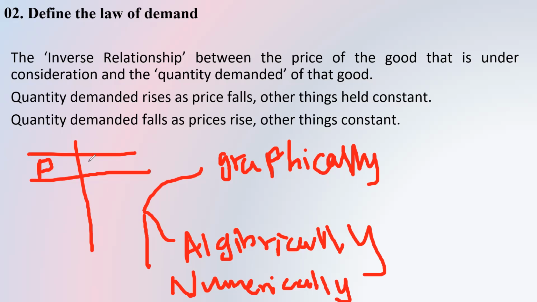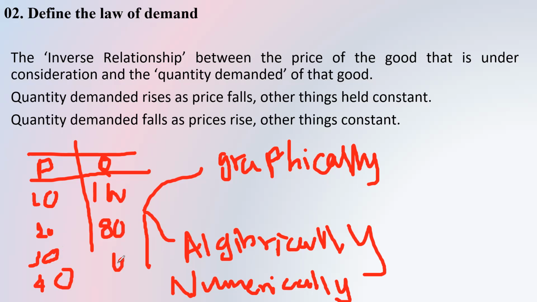By using a table, we can identify price and the quantity. So when price increases, what will happen? At price 10 we are demanding 100. At 20, what will happen? It reduces to 80, 60, 40.